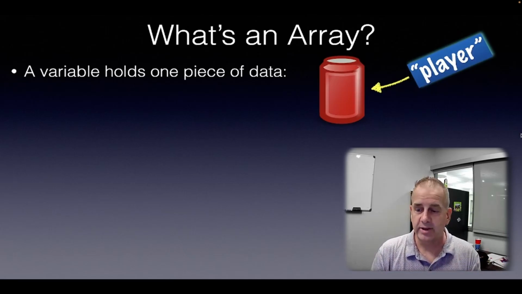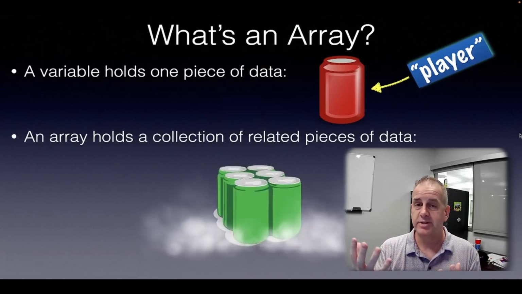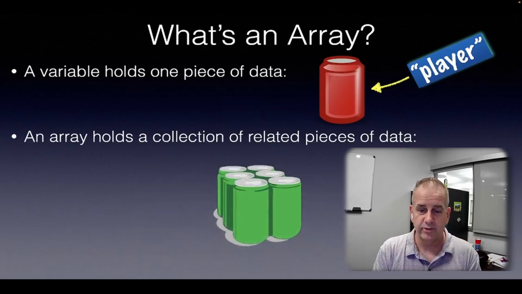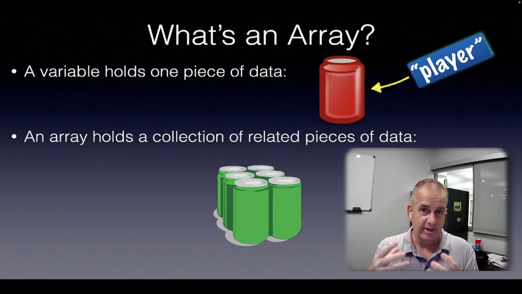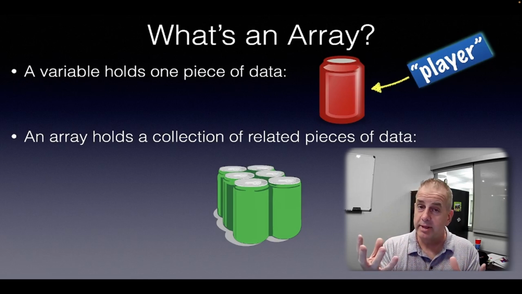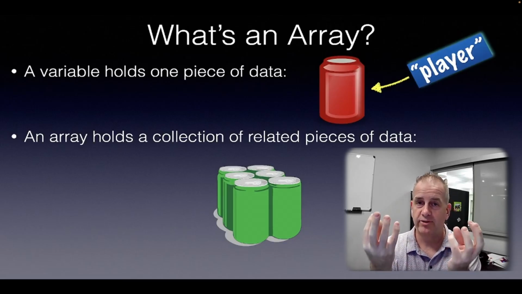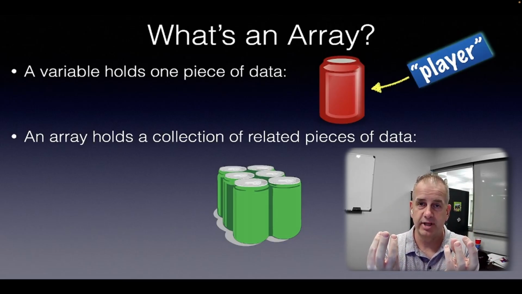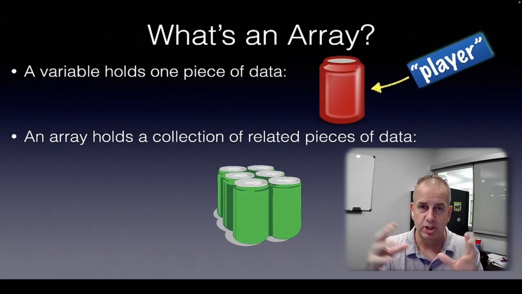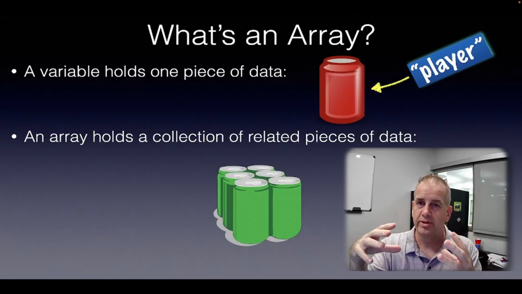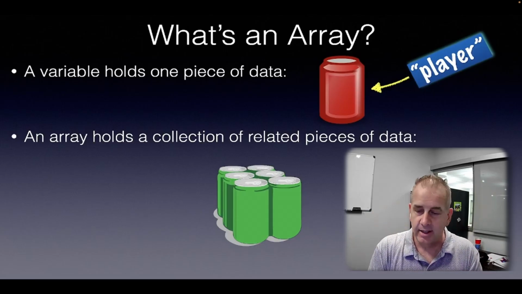So this is where arrays come in. What if we have a whole bunch of information that's related that we want to store? We can think of that as like a collection. And so this would be like a six pack, right? So we can take a bunch of variables that are all similar to each other, and for some reason they kind of belong as a group, and we can combine them into one structure that we can work with as a single entity.